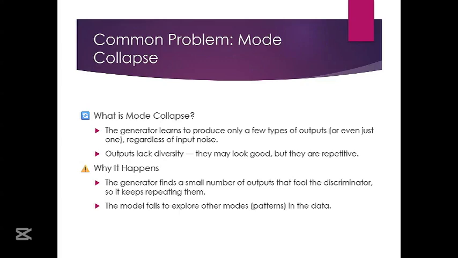The major problem is the issues with the output, right? The output quality might be good if we are using the GAN, but controlling the quality of the output is kind of difficult when we build a GAN.